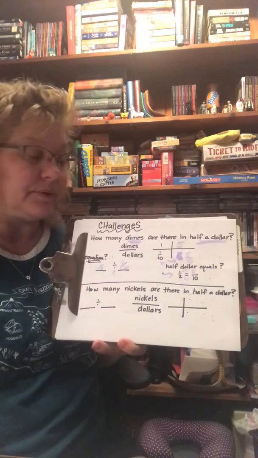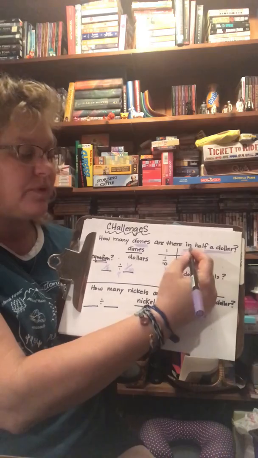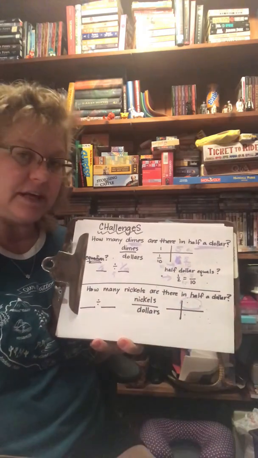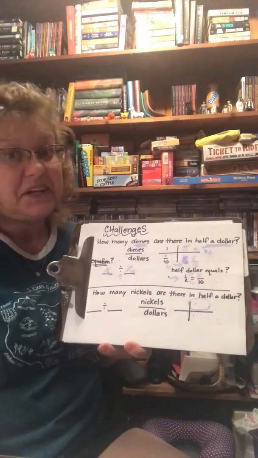Pretty sure you said 2. So what do you think the answer is going to be up here? What would I need to do to this answer to figure out this answer down here? If you guessed, multiply it times 2, because for each 1 dime, there are 2 nickels. Let's see if that's right.